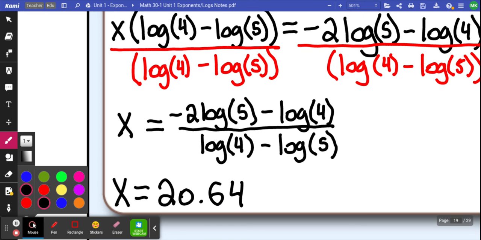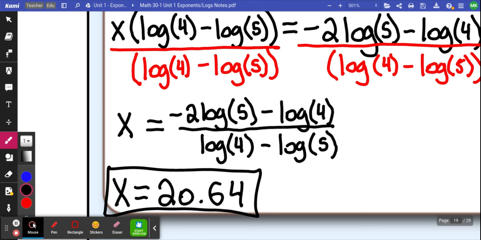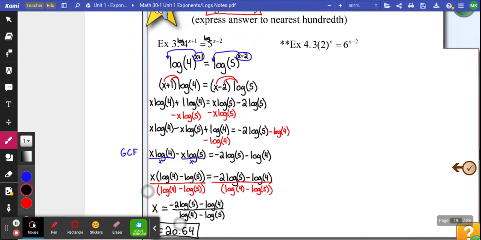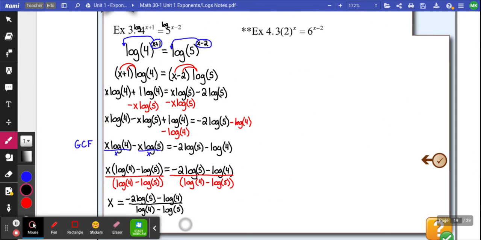Is it negative or positive? Negative. Nope, positive. Because I got a negative answer. Beautiful. Okay, that is a hard question. Again, it's one of those things where you're going to need to practice it, right? Beauty.